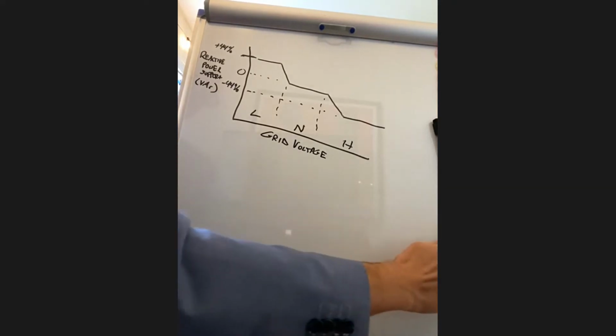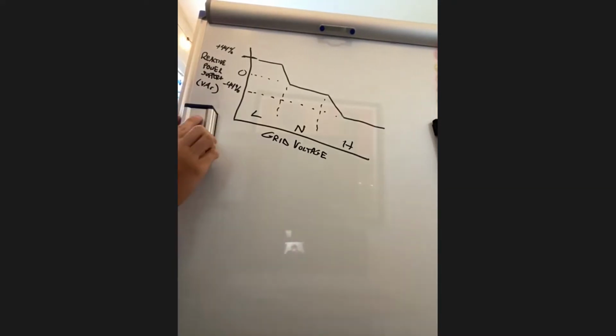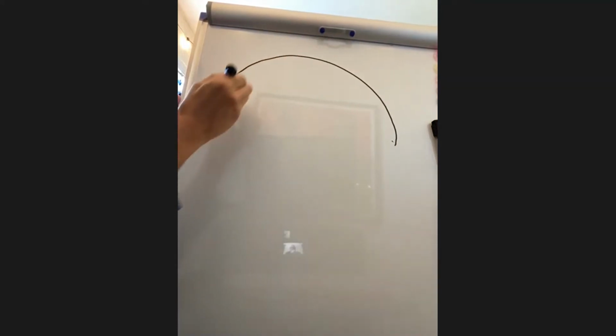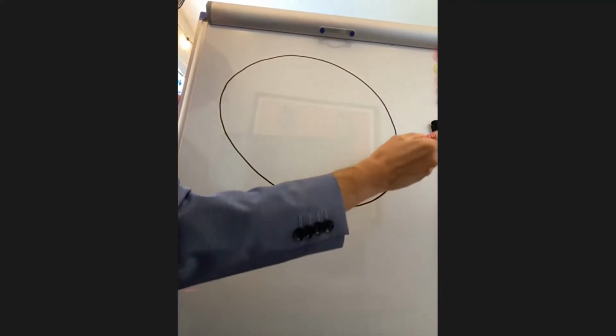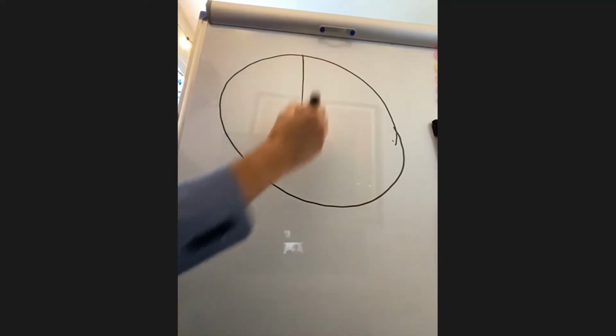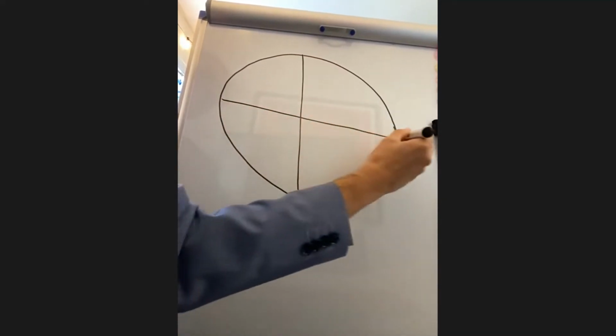And it's really interesting how reactive power works. So let me draw the power circle for you. When you have a piece of equipment that either produces or consumes power, you have a power circle, and then that circle is divided into quadrants.